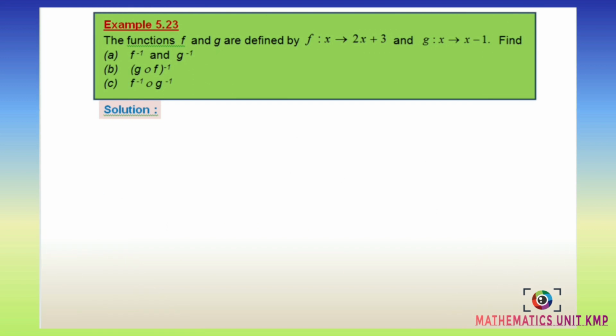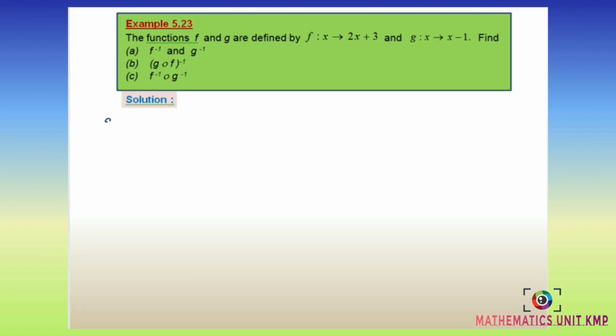For example, 5.23, the functions f and g are defined by f: x maps to 2x plus 3 and g: x maps to x minus 1. Find, question A, f inverse and g inverse. Question B, g composite f inverse. And question C, f inverse composite g inverse.